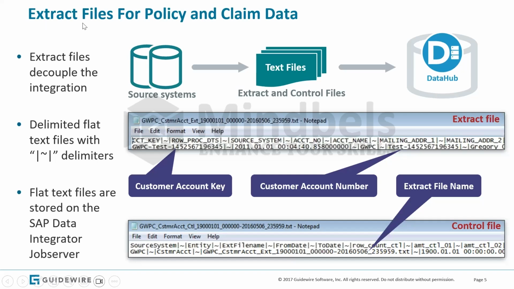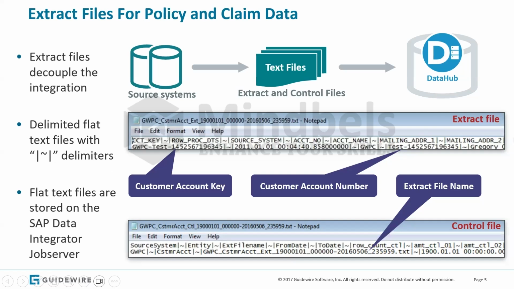Okay, so in the files we have two types of files that we discussed, right? These are those two types of files: source extract and control files, and then those files are consumed and pushed to Data Hub. So these are delimited files with pipe and tilde signs.